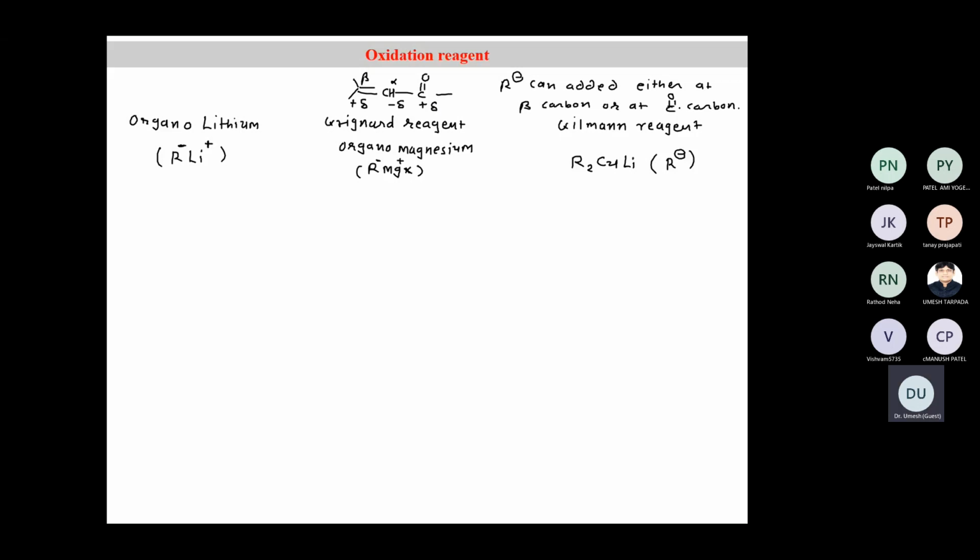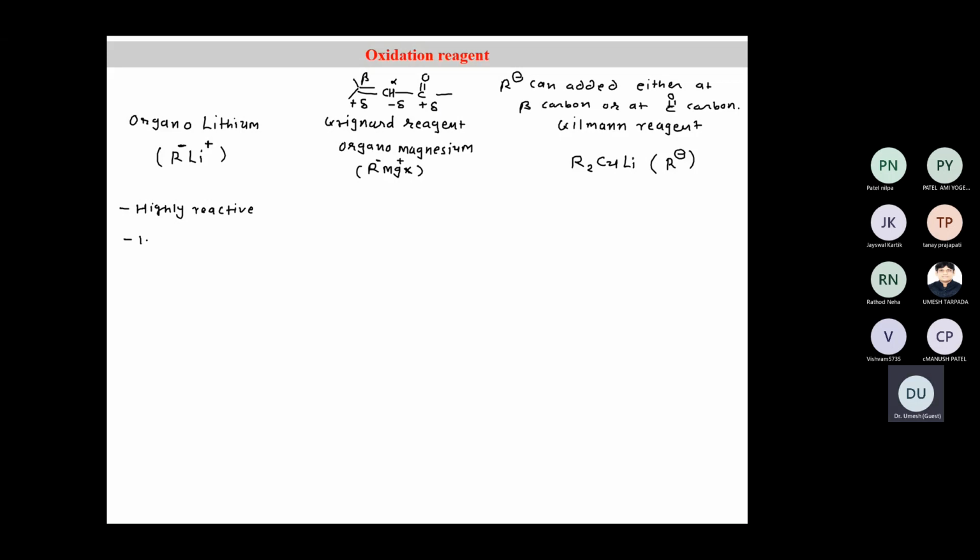So where it is added can be decided using the reagent, whatever we have written here. If you talk about organolithium, then this is a highly reactive reagent. Whenever it is more reactive, it reacts at different sites, so there is no option for selection.